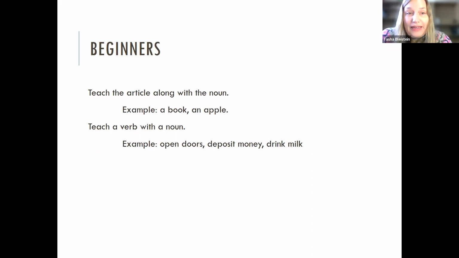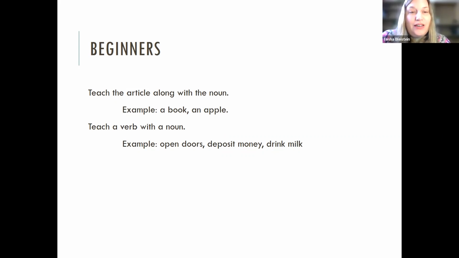Another tip for beginners is don't just teach the word, teach other words that go with that word, because beginners really struggle to put language together in chunks. They might know a lot of random vocabulary words, but they don't know how to put that into a phrase or a sentence to communicate what they want to. So you could teach the article, like a book or an apple with it.